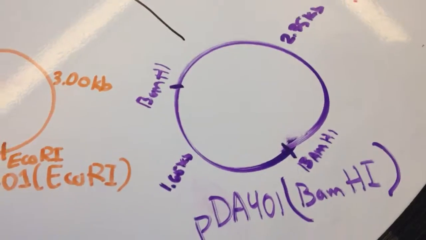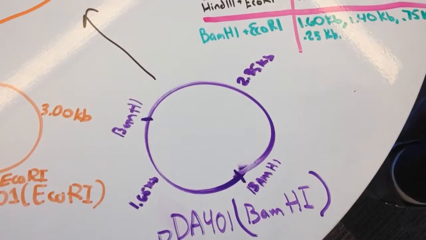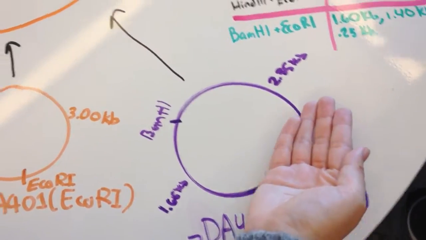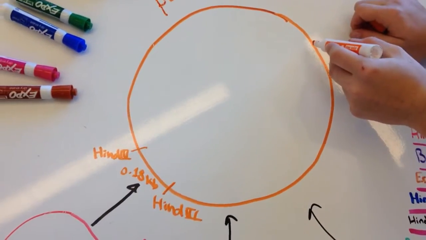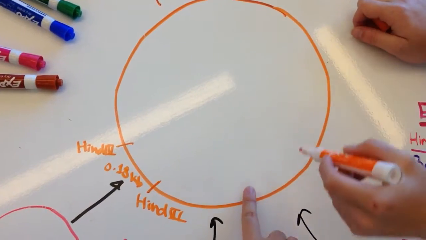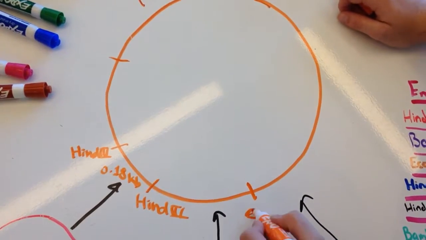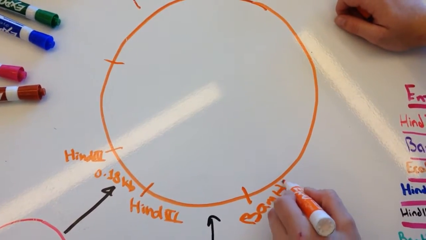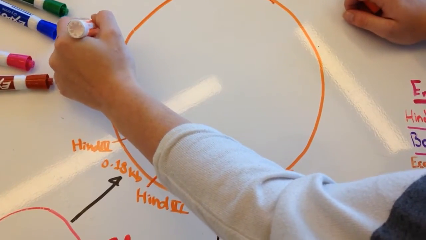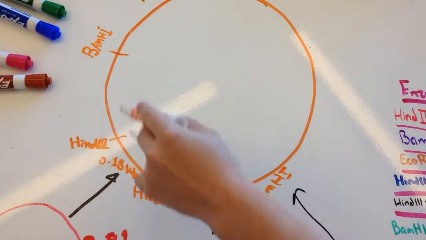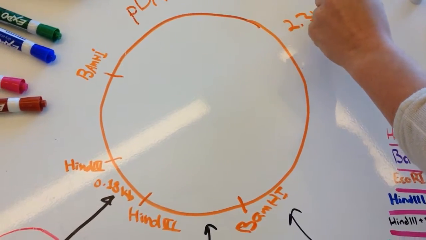So when we added our cuts, we are going to transfer basically this cut, and we're going to put one here, one here, and one here, so that we know after combining these two that we have our 1.65 kilobase segment and our 2.35 kilobase segment.